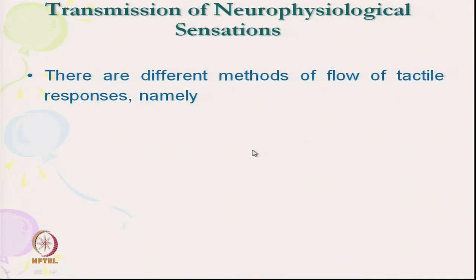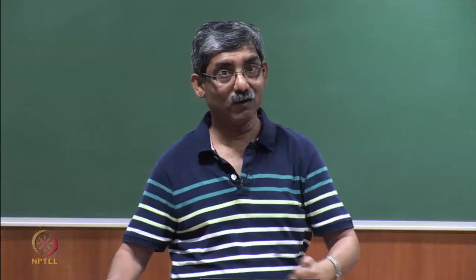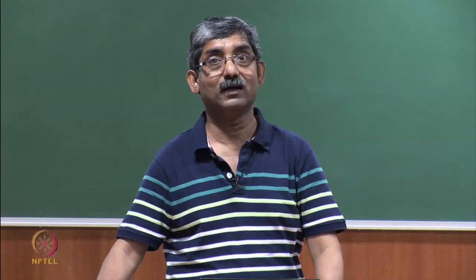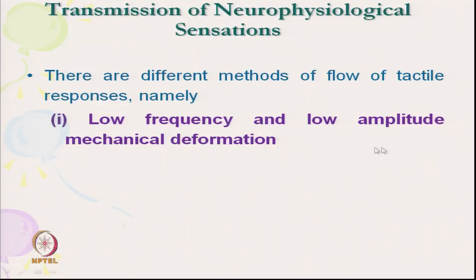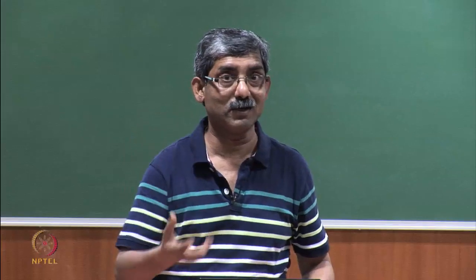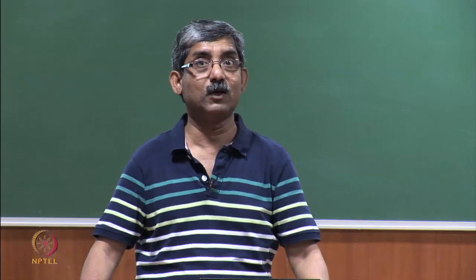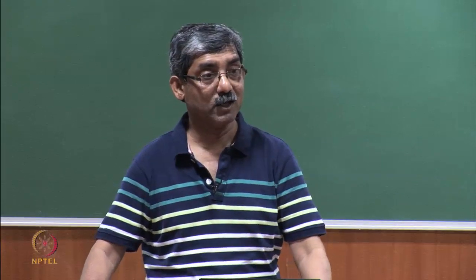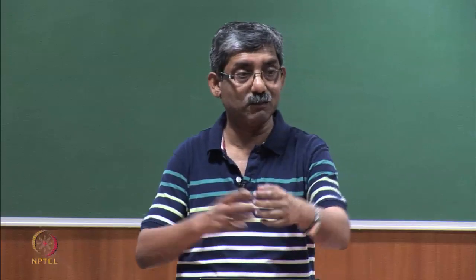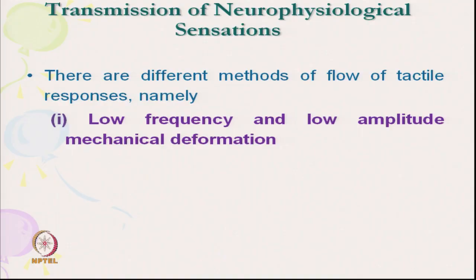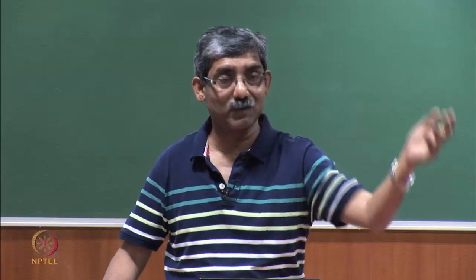So, the tactile receptor gets signal, okay. This is the low frequency, low amplitude mechanical deformation. So, how this mechanical stimulation gives the signal to the receptors: one is the low frequency low amplitude mechanical deformation. So, if it touches, it may deform the skin as well as the receptors as we have discussed.